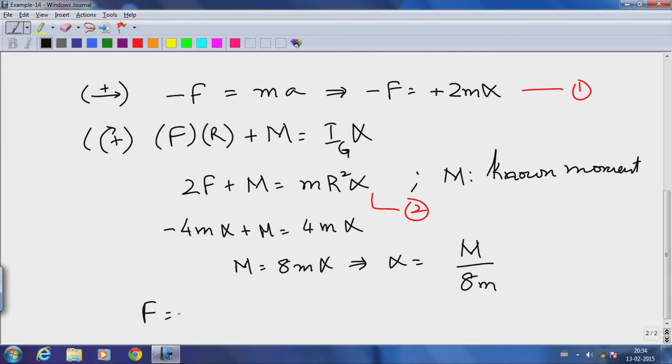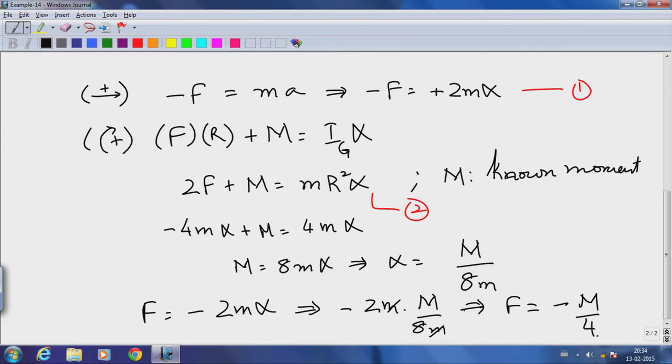So, now F is minus 2 m alpha, minus 2 m times alpha, where alpha is capital M over 8 m. F is minus M over 4.